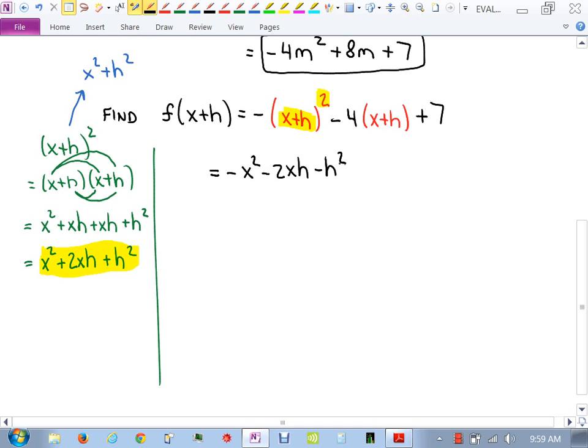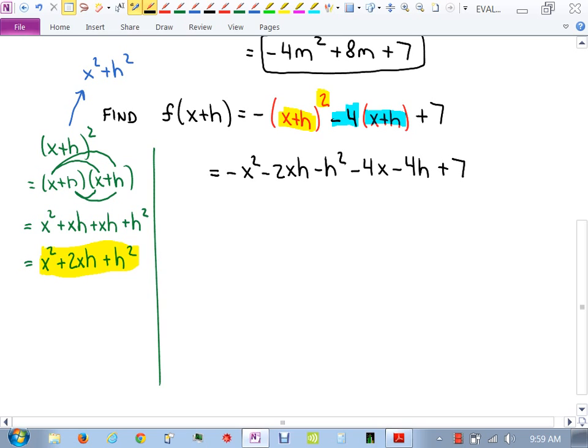Yeah? Now let's continue. We had not done the -4 distributed through that x plus h. So we get what there? -4x minus 4h. And then we still have tacked on to the very end of the problem plus 7.